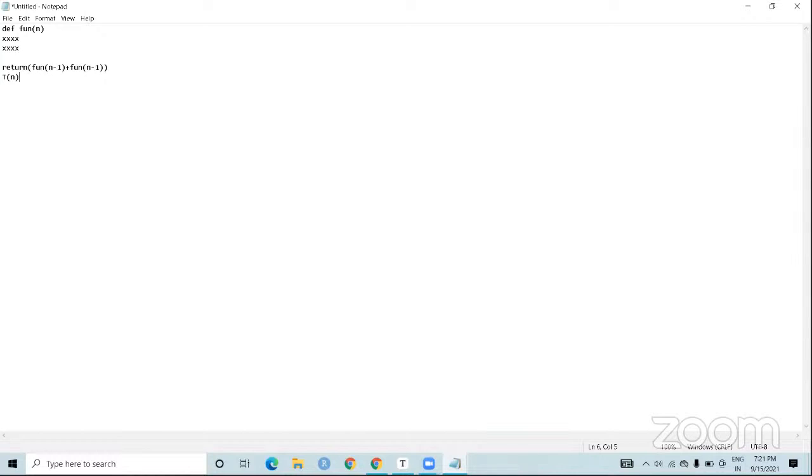First, there is fun of n-1. The basic recurrence is like calling a function in the stack, storing into the call stack. So here fun n-1 is calling itself again and again, n-1 times.